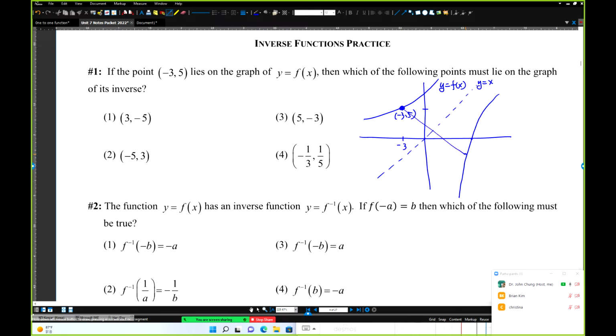Switch x and y: 5, negative 3 must be on the inverse graph, because we switched x and y. When x equals negative 3, y is 5 before. For the inverse function, when x equals 5, y should be negative 3.